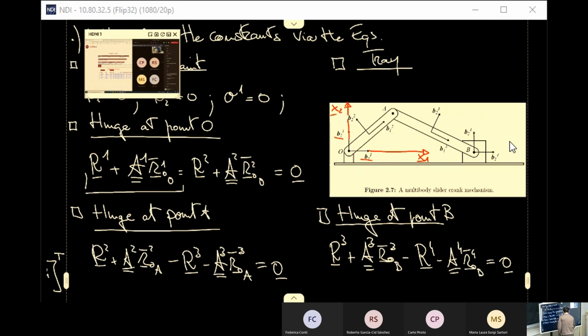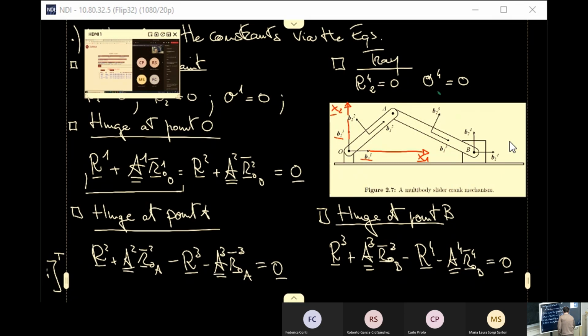The tray means that body number 4, the sliding mass, cannot rotate, and it cannot go up and down vertically. So I would say R4 to 0, theta 4, 0. Is that okay? The body number 4 cannot rotate, and it cannot go up and down, so the vertical component has to be 0.